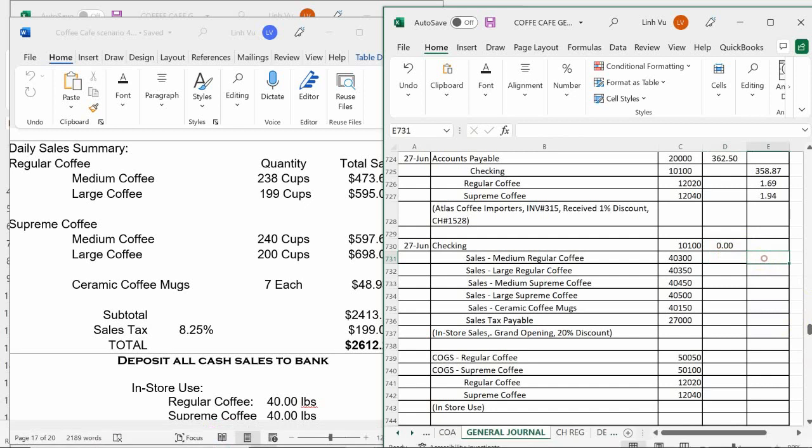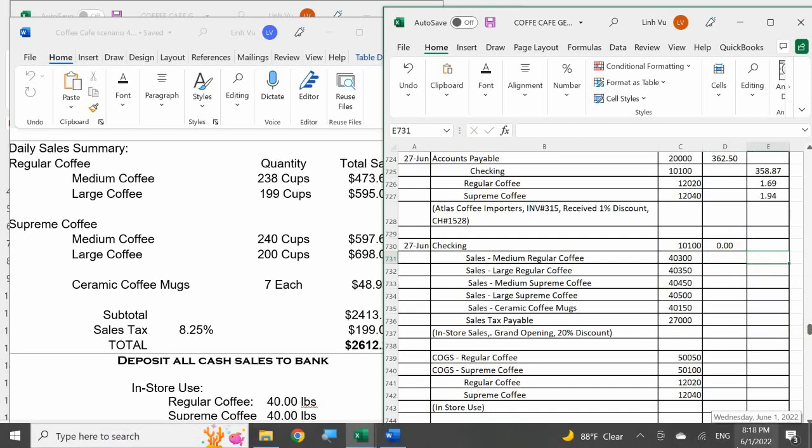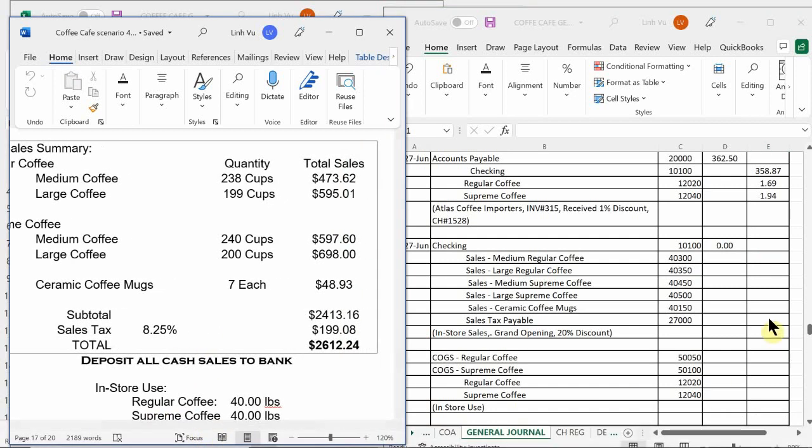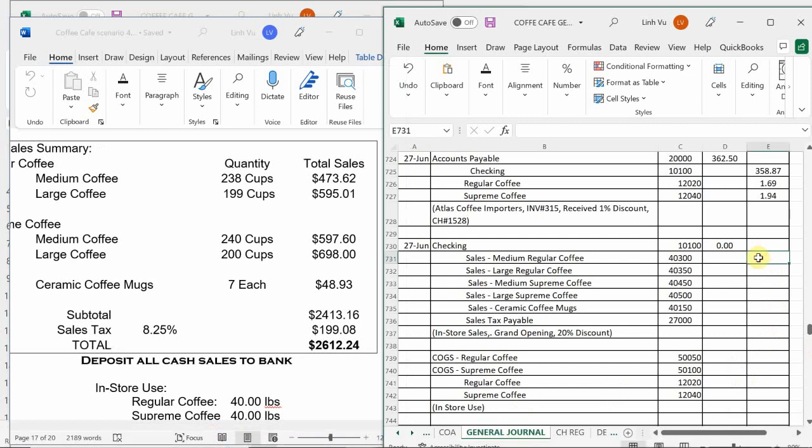Okay. So let's take a look at my sales for the medium regular coffee. We sold 238 cups for a grand total of $473.62.